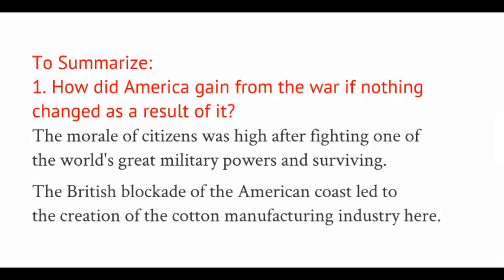Additionally, the British blockade of the American coast meant that one of the things that we were unable to get was cloth, cotton cloth. So what's going to happen as a result of the war is the beginning of the cotton manufacturing industry is going to start in Massachusetts at this point in time. That's the essence of the War of 1812.